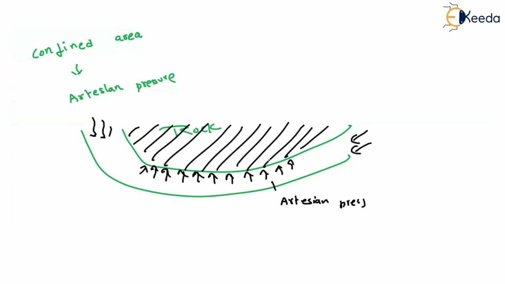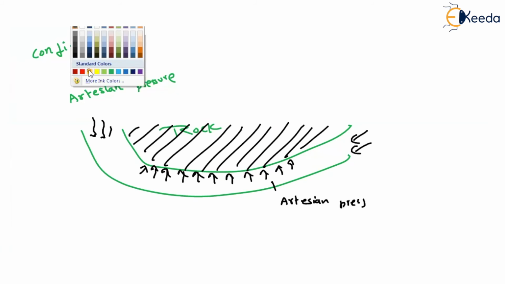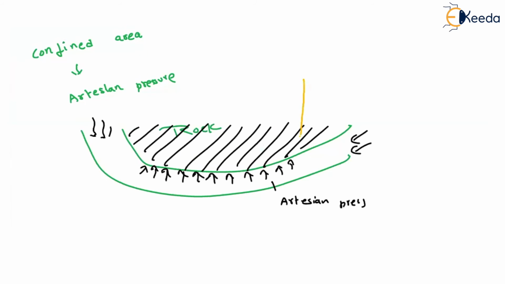So if it is having some head, if I keep the piezometer here, then what do you think, up to how much level will the water rise? Because let us imagine that here the water is under 200 kilonewton per meter square pressure. Now what you have to find? You have to find out the head. How can I find out the head? Pressure will be equal to gamma into head.